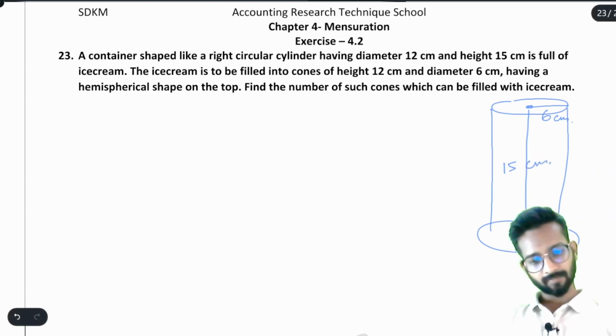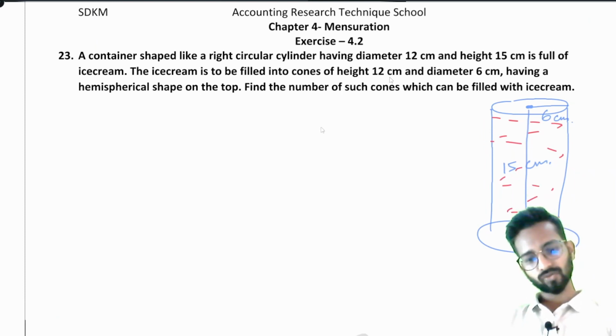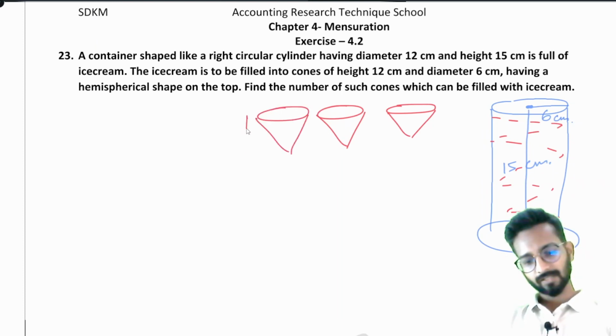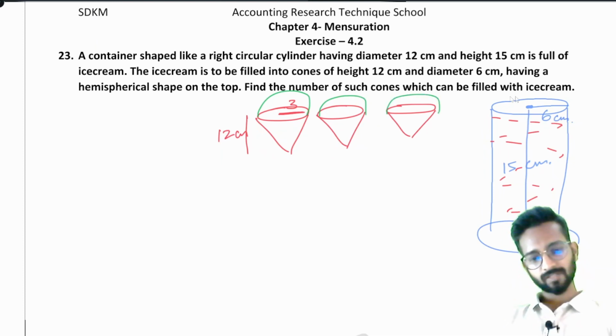It is full of ice cream. The ice cream is to be filled into cones of height 12 centimeter. Diameter is 6, means the radius is 3, having a hemispherical shape on the top. So you have to make this shape also. Find the number of such cones which can be filled with ice cream.